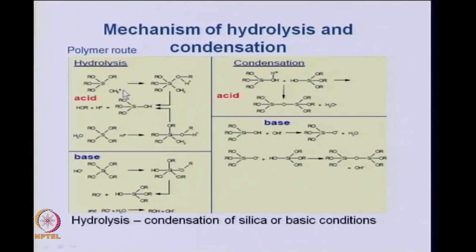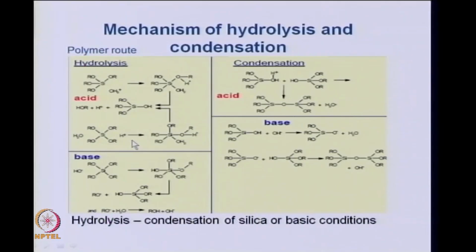So, this is a typical acid hydrolysis, which is guided by the initial attack by the proton on this oxygen. Now, you can continue this further and replace the other alkoxide groups with hydroxyl groups.